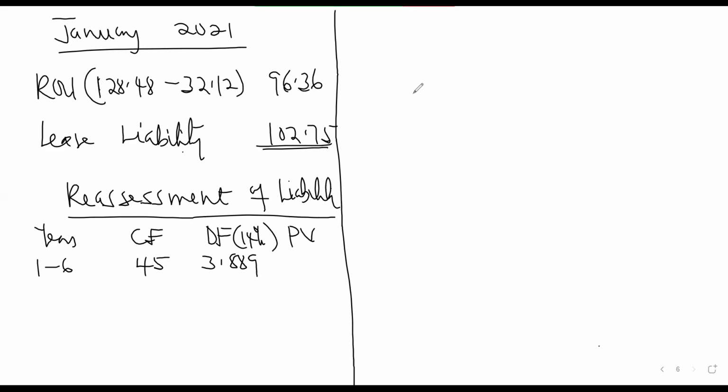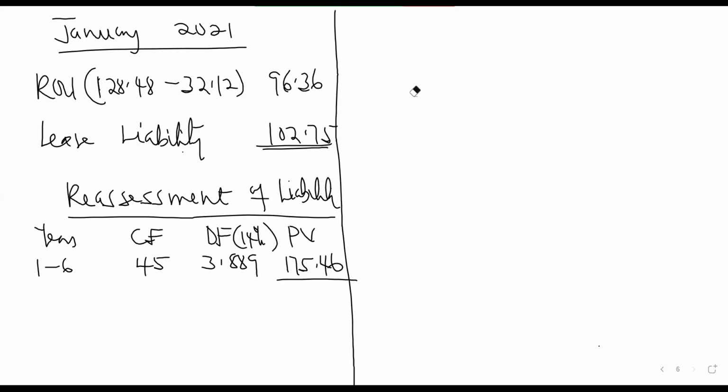So we have 175.46. Is that correct? It's 175.005. Let me do that again. 45. Is it 45?